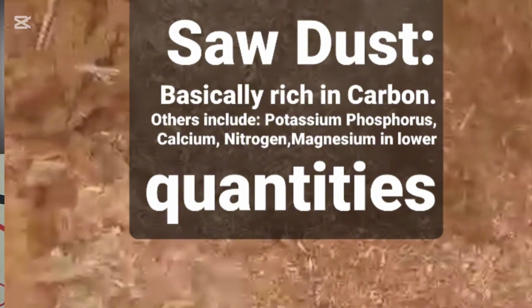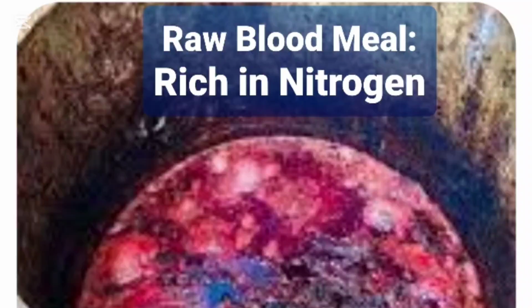It helps in the water holding capacity of the soil. Now, the blood meal is so rich in nitrogen. Like I have told you, nitrogen is very useful for leaf formation in palm seedlings or in palm trees. And apart from that, it equally helps in the formation of chlorophyll.